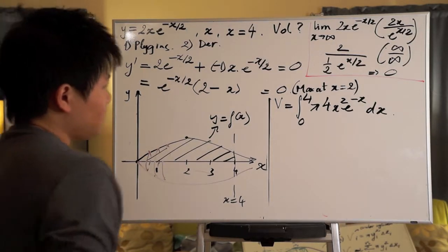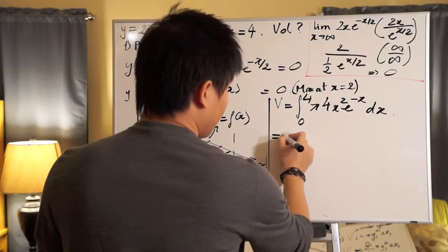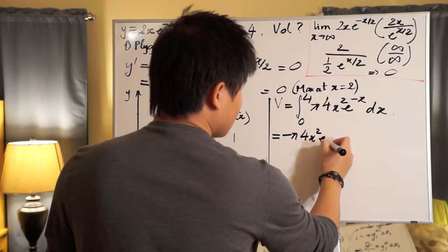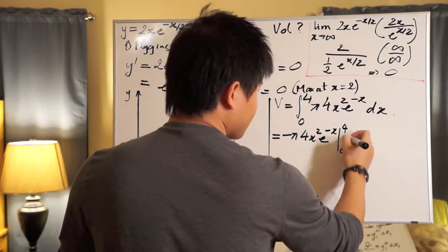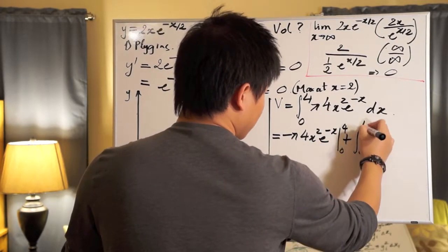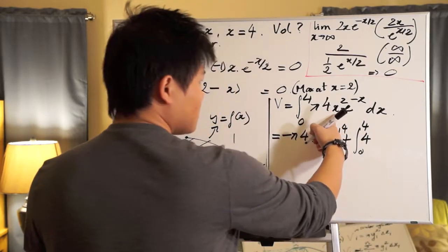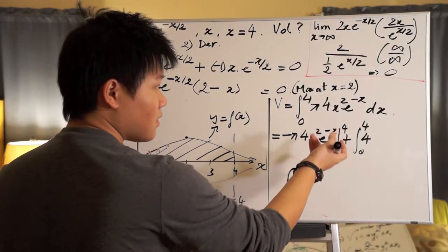Okay. So we have minus pi times 4x squared e to the minus x, from 0 to 4, minus the minus, the plus, right? From 0 to 4, 4x squared. You pick 4x squared to be u, it's the same thing.